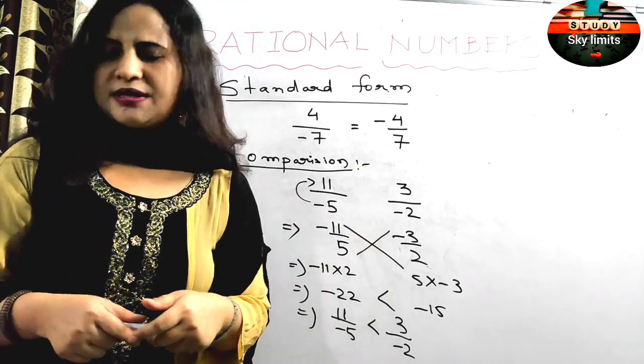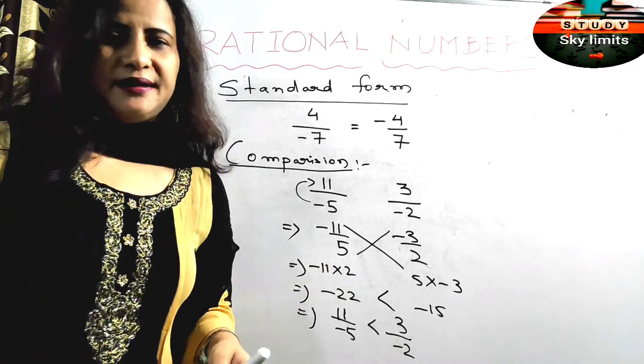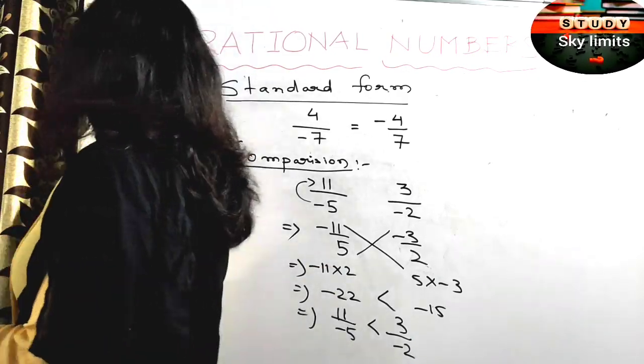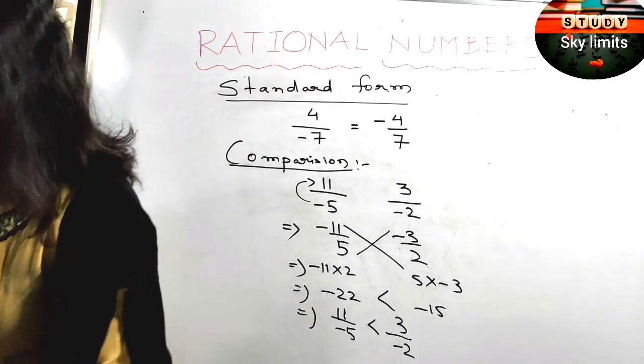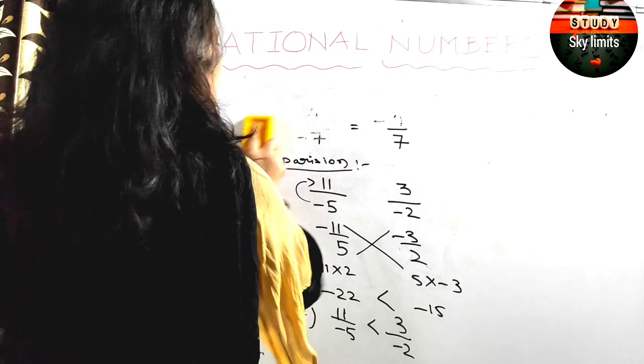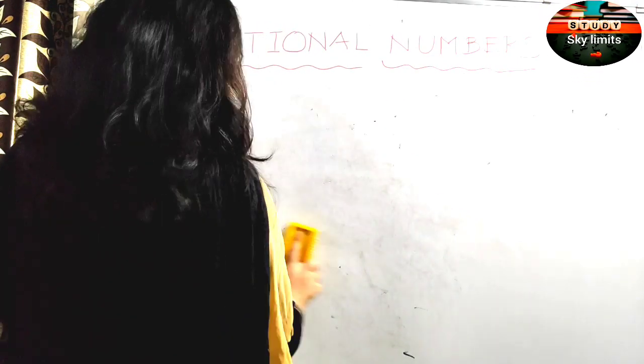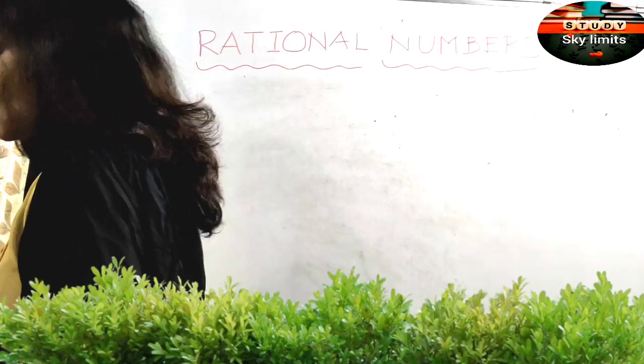Now let us do some problems on how to graph rational numbers on a number line. How to make a graph of rational numbers on the number line. So let's take a question from here.